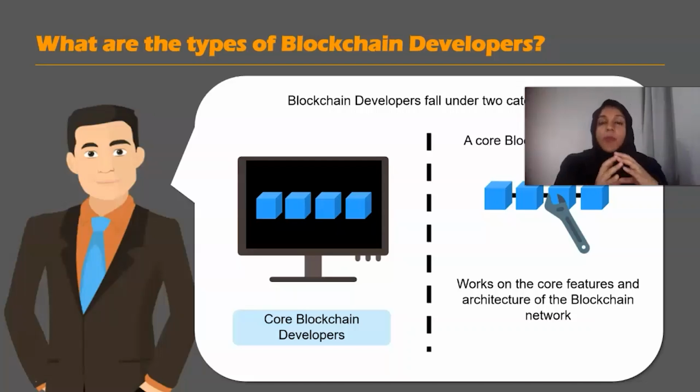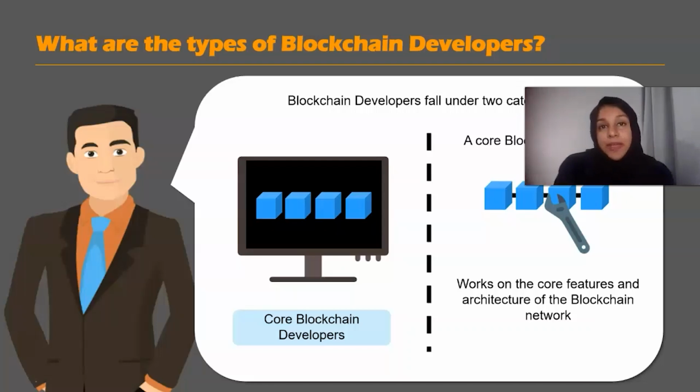So the core blockchain developers are the ones responsible for working on how these networks are going to be built. If you explore a little bit about Hyperledger Fabric network administration, that's a separate role that's required for organizations who develop on top of Hyperledger Fabric.